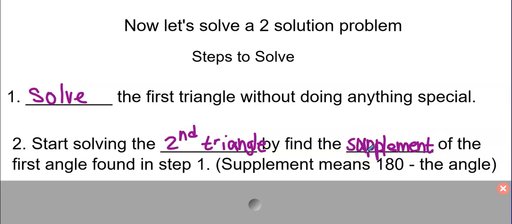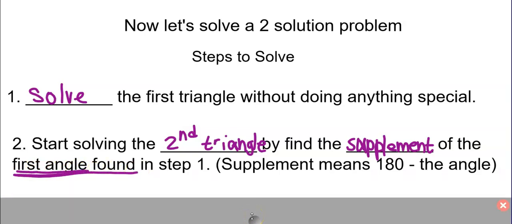When it comes to supplementary angles, all we're going to do is take 180 and subtract the angle that we found, that first angle from step 1. So only using that first angle. And this is minus, so just make sure everybody's not saying dash or through. That is minus. So 180 minus the angle.